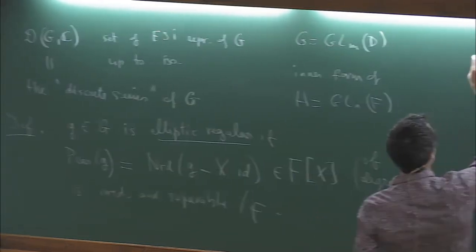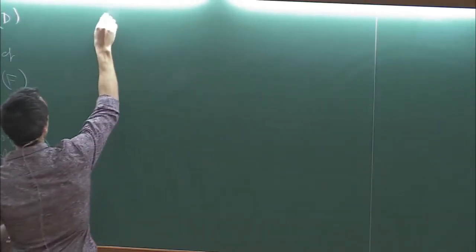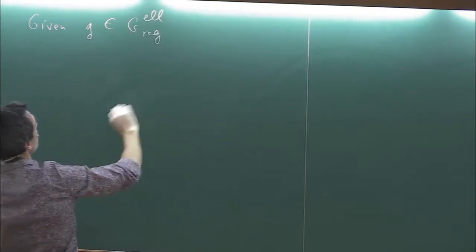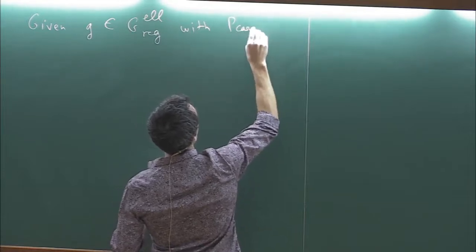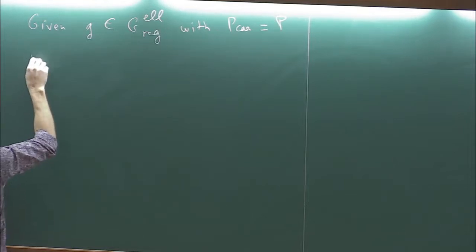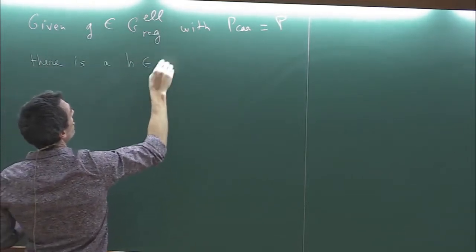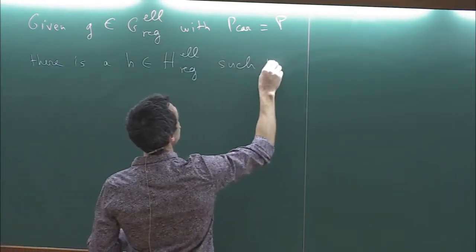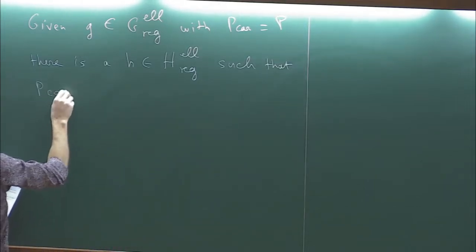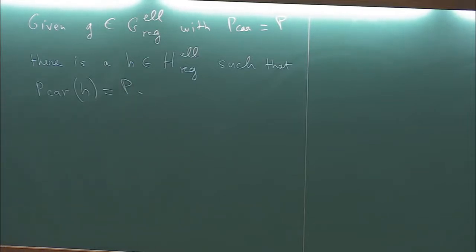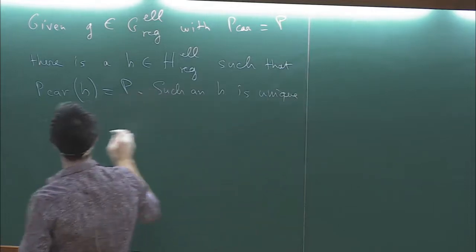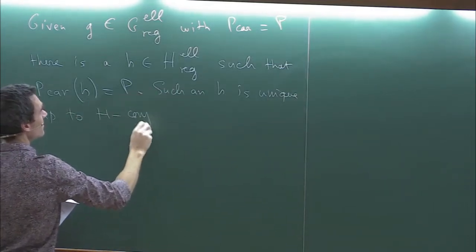And given an elliptic regular element g in G, with characteristic polynomial P, there is always an element h, elliptic regular again, in H, with the same characteristic polynomial, such that the characteristic polynomial of h is equal to P. Moreover, such an h is unique up to H-conjugacy.